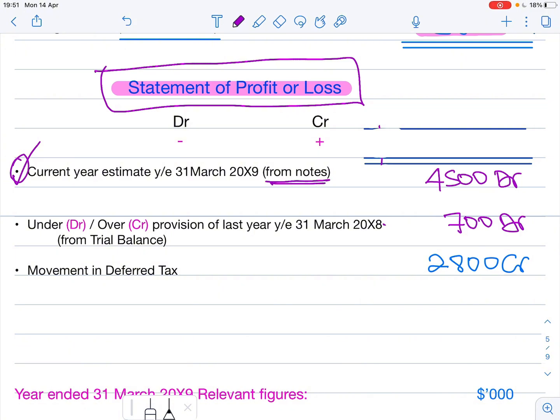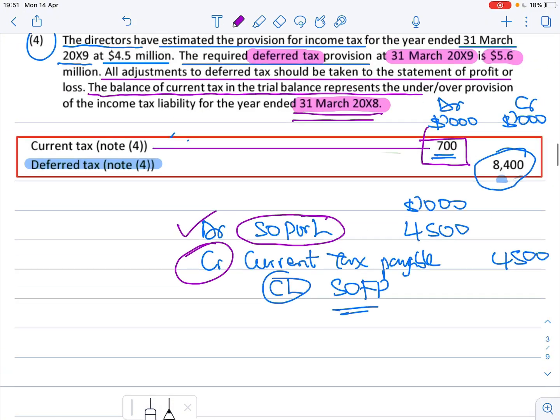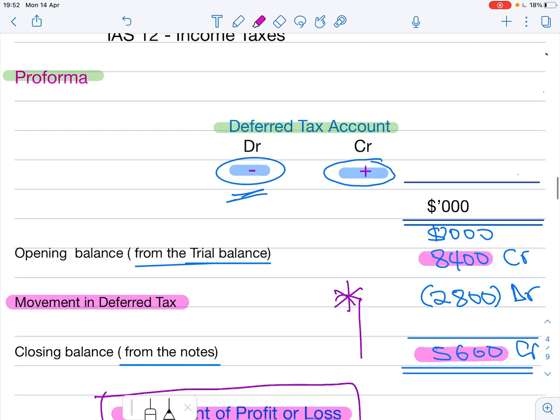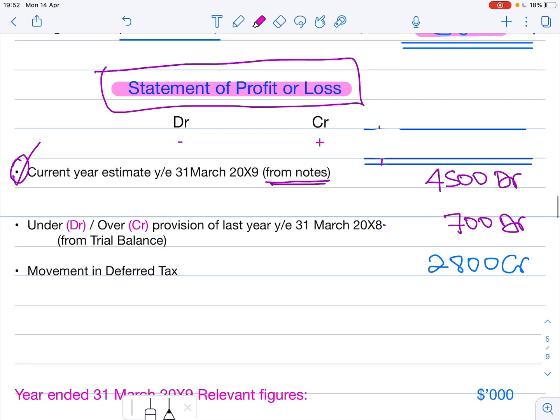You'll find it in the notes. So in the notes, we have it to be 4.5. So we picked it. That 4.5 is what we have here. Now, we have the debits coming to the statement of profit or loss. So please don't forget, I need to show you where the credit of this 4.5 will go to.